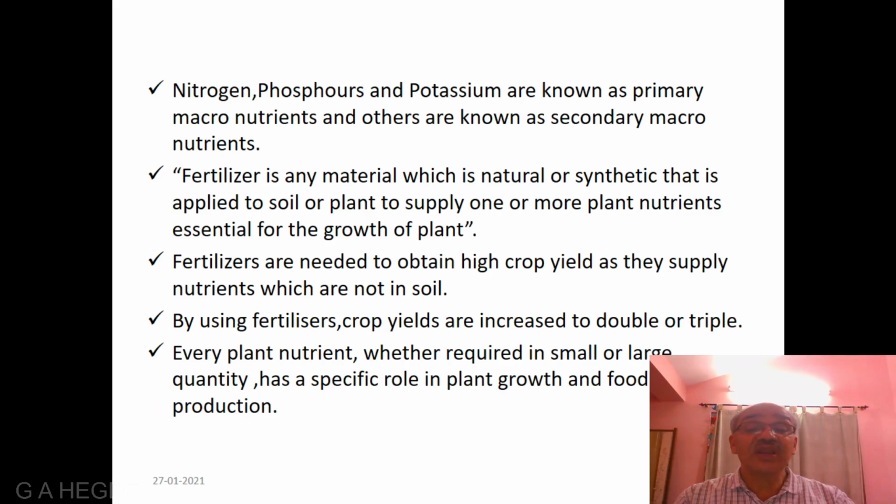By using fertilizers, crop yields are increased to double or triple. Every plant nutrient, whether required in small or large quantity, has a specific role in plant growth and food production.